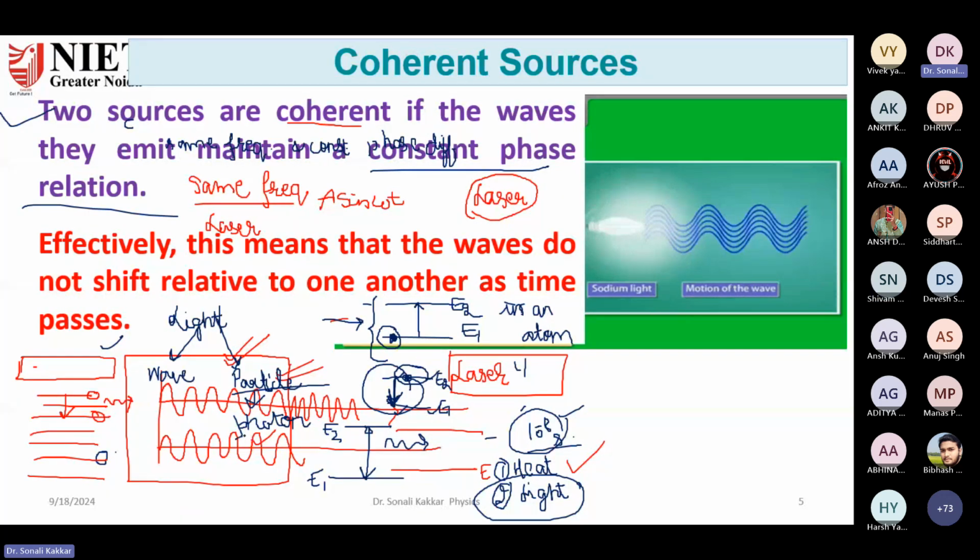And what is the energy of a photon? E is equal to h nu, or hc by lambda. So we can consider light either as a propagation of wave, or as particles, where the particle is called a photon, which has energy E equal to h nu or hc by lambda.